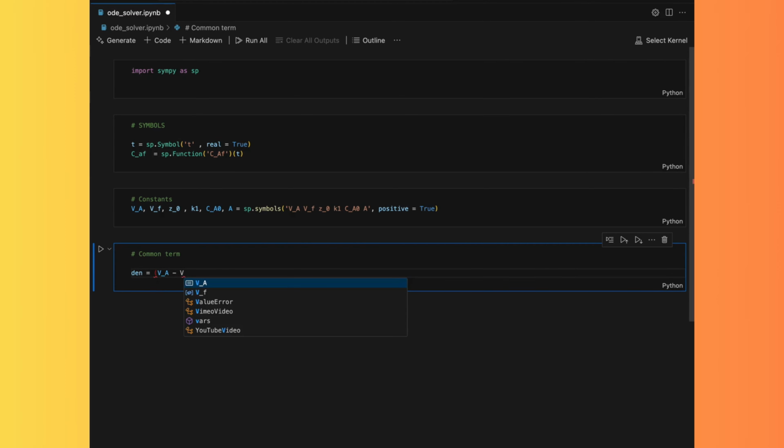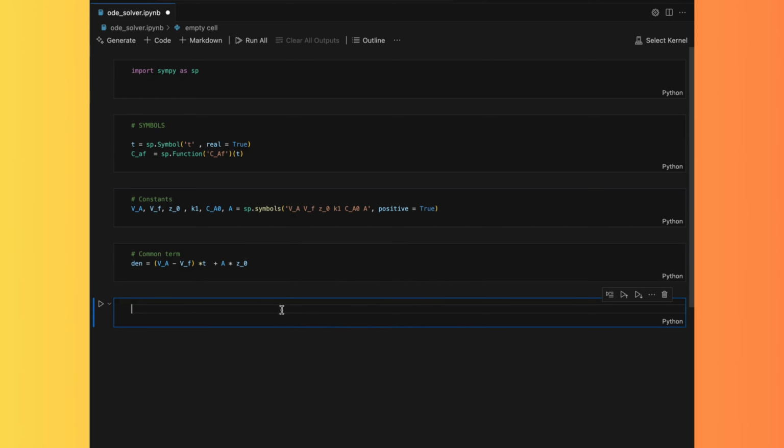A minus VF times t plus A times V0, yes, that's exactly it. Also, we can write it for QT and PT.